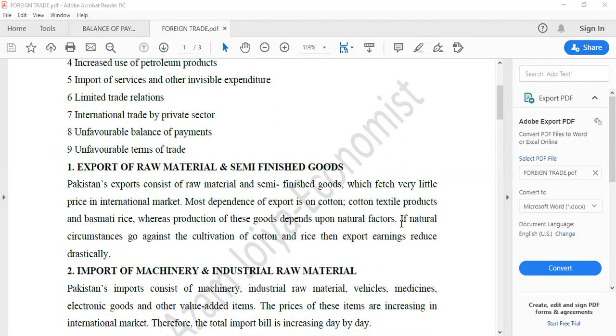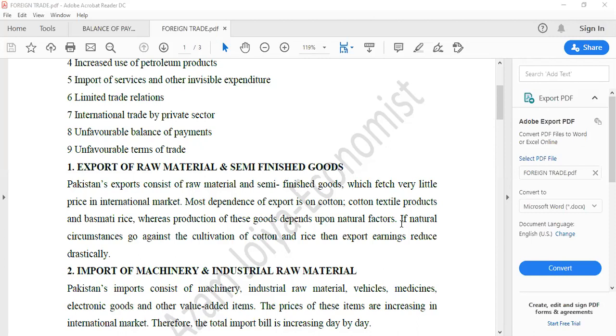First is export of raw material and semi-finished goods. Pakistan exports raw material which can be further used as an input in the production of something. And Pakistan also exports semi-finished goods, which are also known as intermediate goods, and they can be used in the production of something.